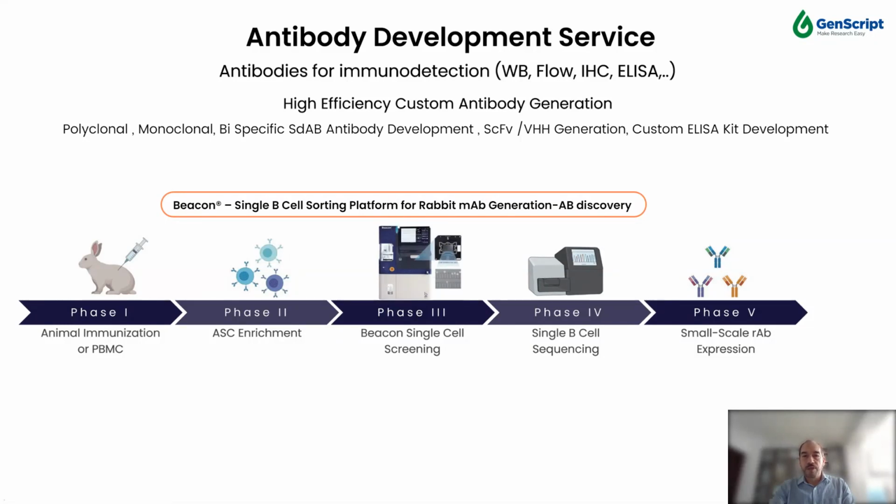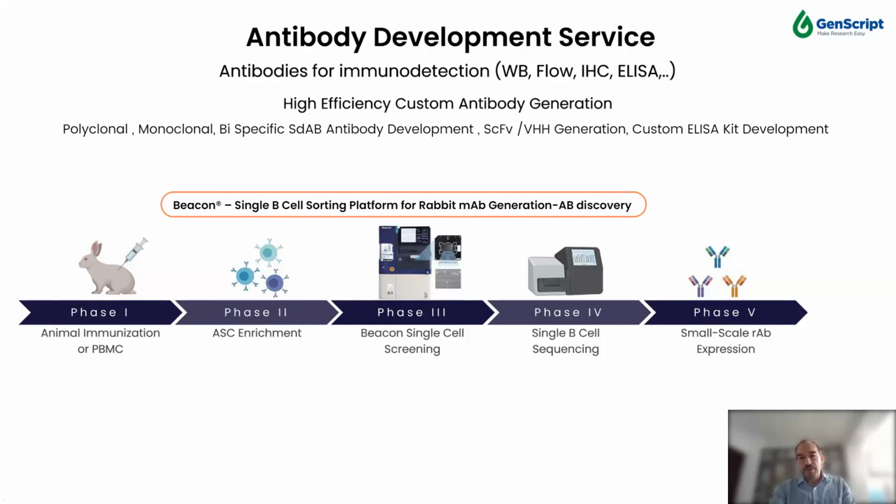Also, we have an excellent rabbit monoclonal platform. Rabbit antibodies are very well known for being very specific. So they're very often the antibody of choice for various assays in the target discovery stage. So we have a very efficient platform in that regard. We can start with the rabbit immunization, then PBMC enrichment.